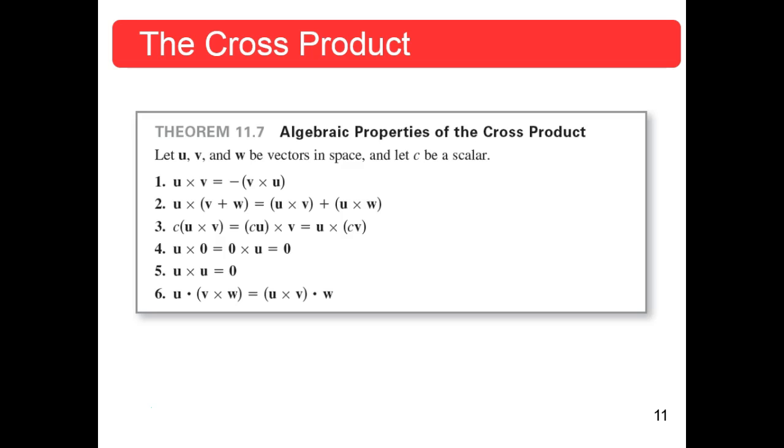If you do some scalar times the product of u cross v, that's the same as if you have that scalar times u cross v, or u cross the scalar c times v. That looks like a little bit of a distributive property of a scalar multiplication over a vector.